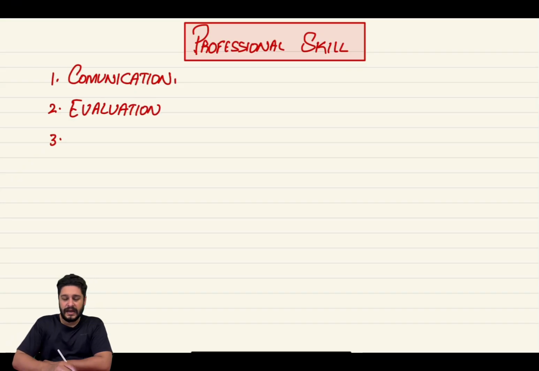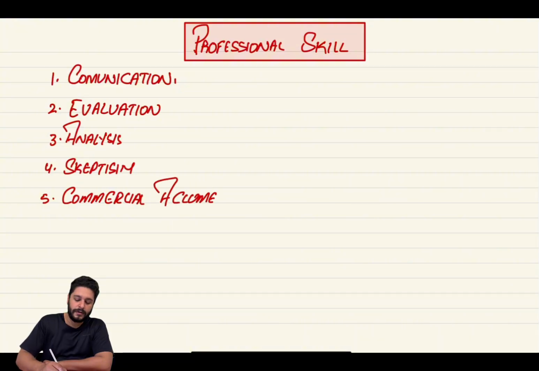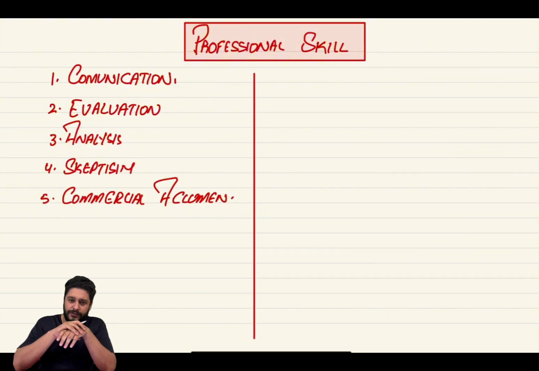Then we have analysis. Then we have skepticism. And last but not the least, commercial acumen. Now I'm going to talk about these skills one by one. For example, in the communication skill, we need to communicate with the different stakeholders that we are being told.